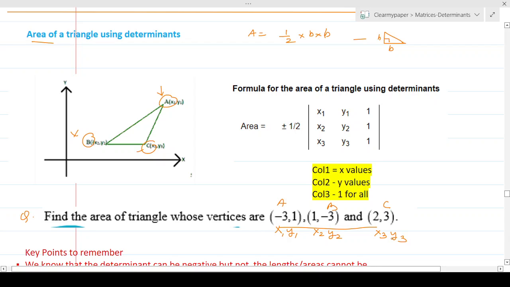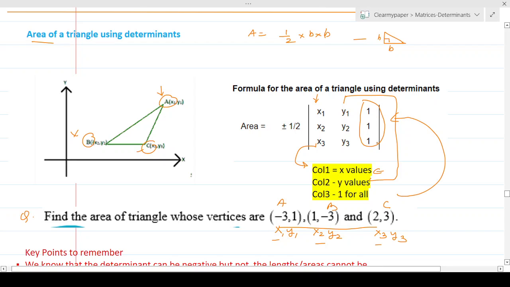The way you do it is you form a unique determinant like this, where the first column is all the x values. You write all the x values one below the other as column 1. The second column becomes y, all the y values. And the third column is just the number 1. It's a constant. It never changes for any triangle.